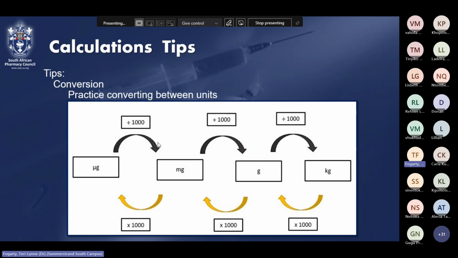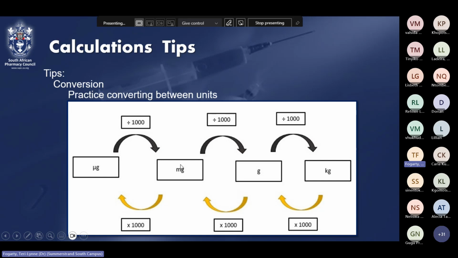If I have 1 milligram and I want to convert it to grams, then I also need to divide. So 1 milligram to grams, I divide by 1,000, which gives 0.001 grams.